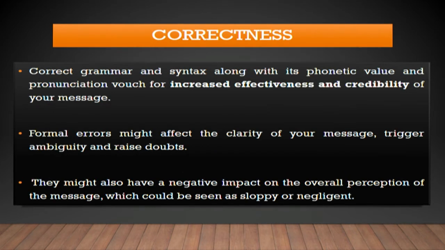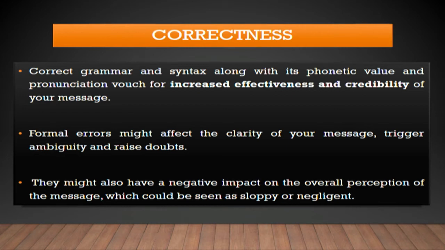Next is correctness of your message. That means correct grammar and syntax when you are writing, along with its phonetic value and pronunciation, vouch for increased effectiveness and credibility of your message. Formal errors might affect the clarity of your message, trigger ambiguity, and raise doubts as well.